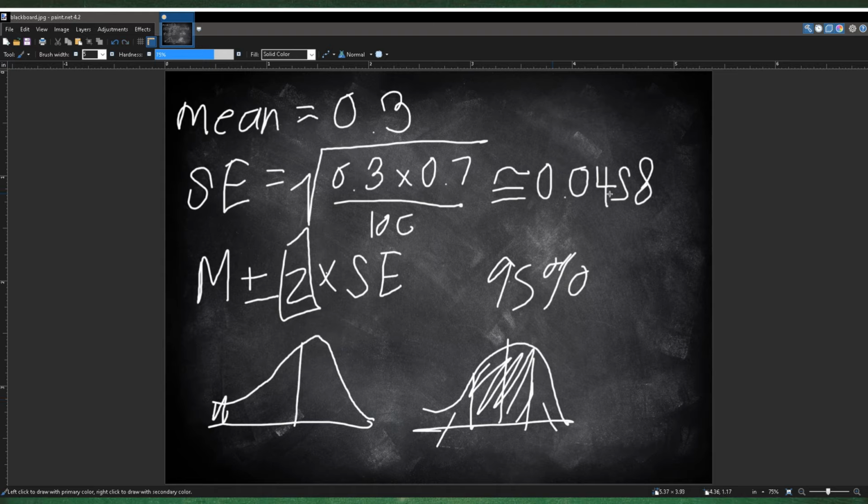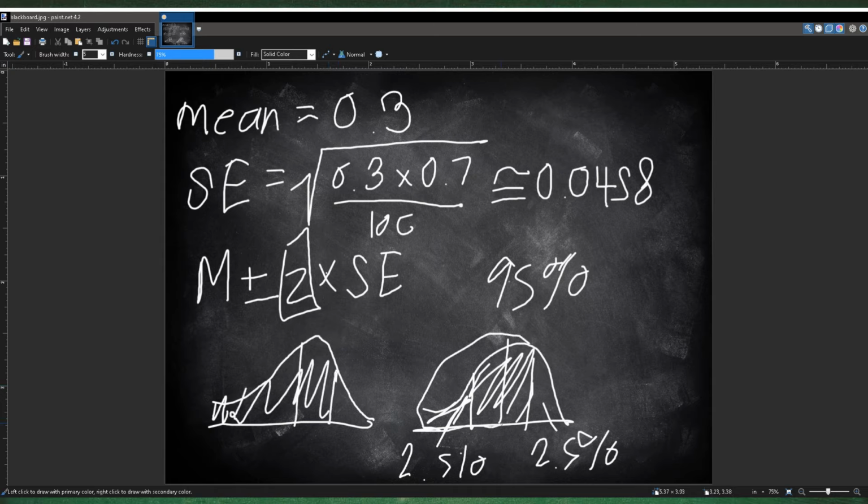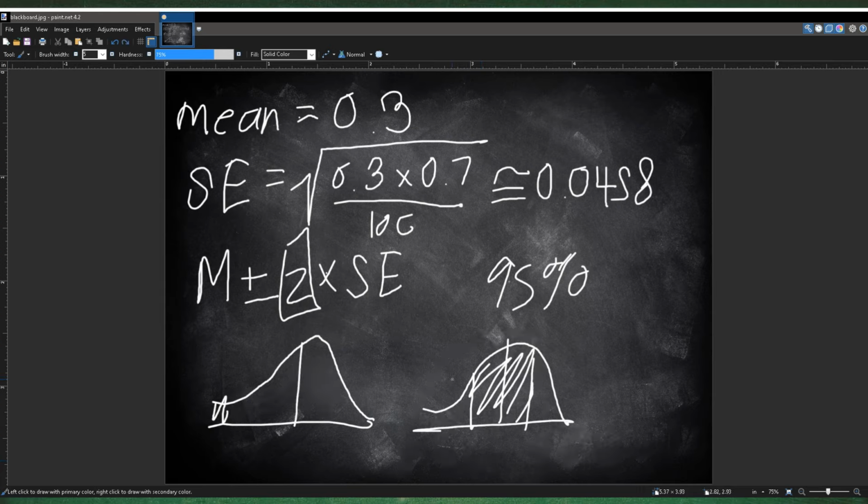So if this is 95, it's just 100 minus 95 is 5. So this is 2.5%, and this is 2.5, because 2.5 plus 2.5 is 5, plus that 95 is 100. So then you have that 2.5, so you have to find this area over here, which is this area right here added together. So it's 2.5 plus 95, which is 97.5%. So in your calculator, you write 97.5%.